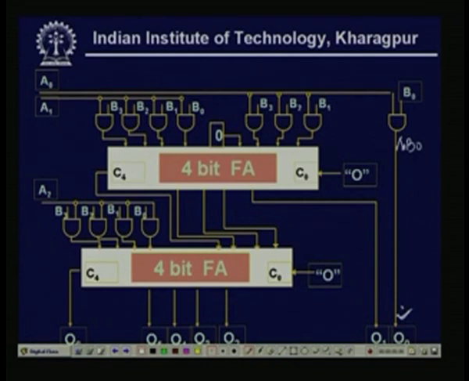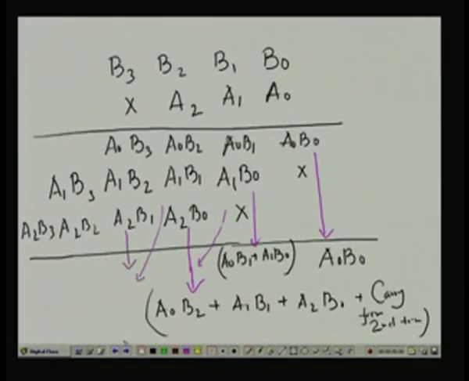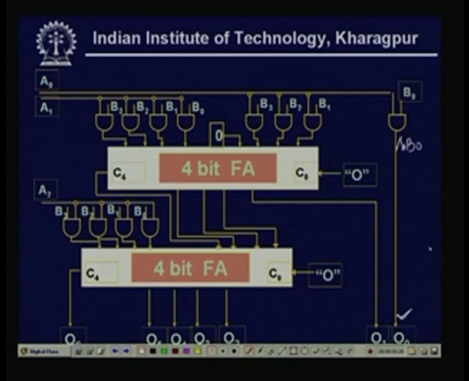Now, what was O1? O1 was A0 B1, A1 B0. So, O1 is coming where one input is A0 B1, and this is my A1 B0.